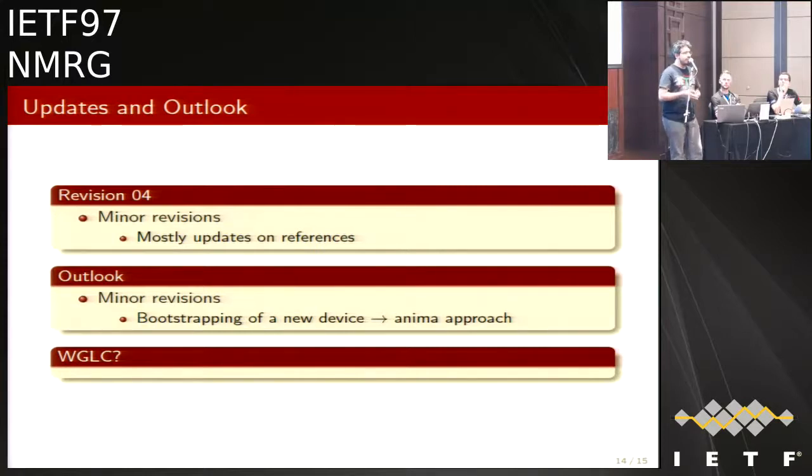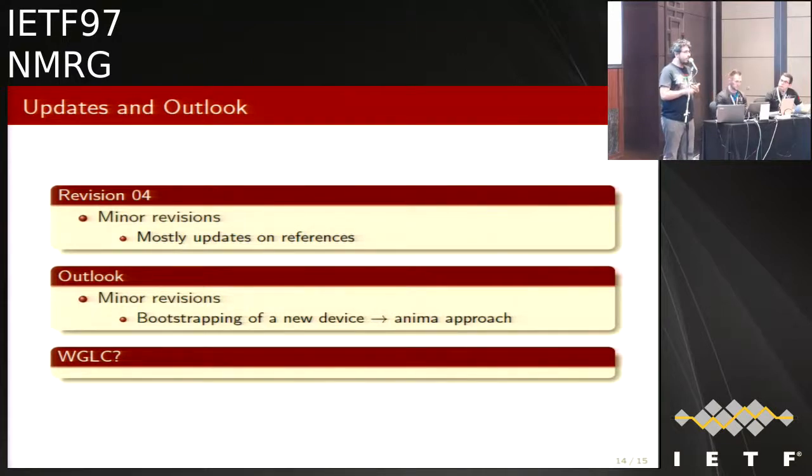Considering this draft, we presented it, I think, twice or three times. We have some information in the presentations about some changes and modifications in the draft. We also have some direct messages from members of the NMRG list. And we are in the fourth revision, which has just minor revisions and updates of the references.